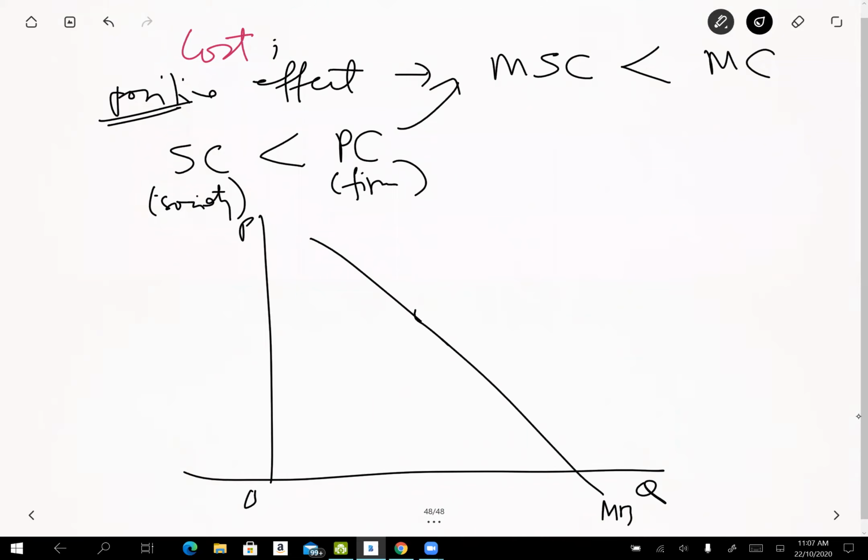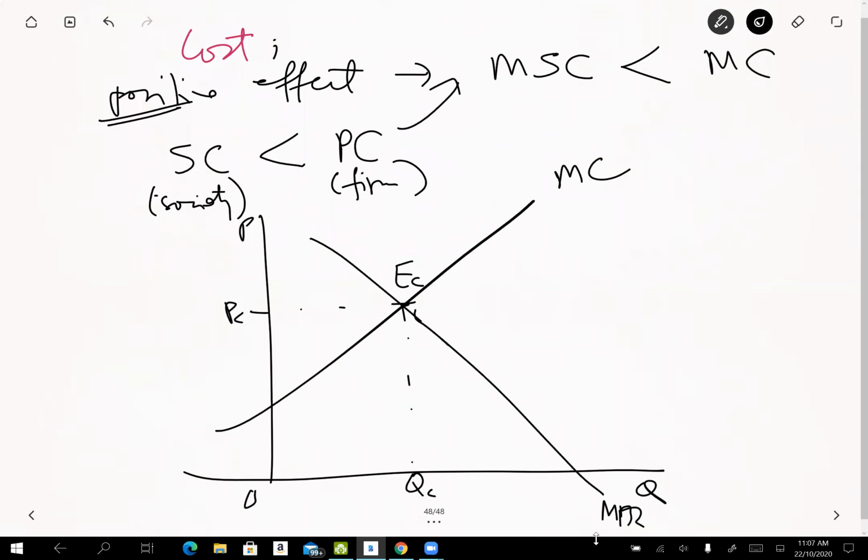So here you got, of course, the competitive equilibrium. You got PC, and then QC. Due to the external benefit, the marginal social cost is less than the marginal cost.